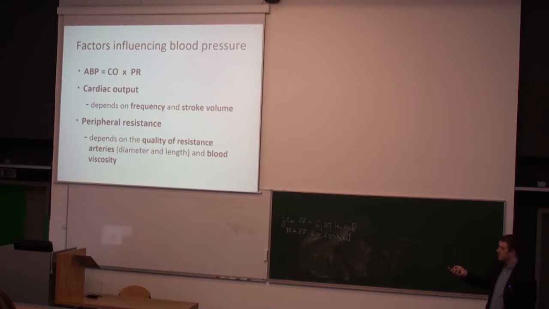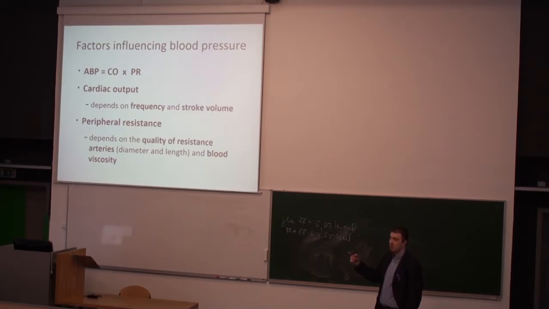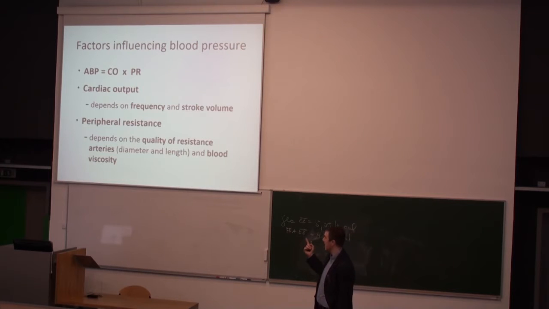If we look at these two characteristics, then we can say that each of them is dependent on two sub-characteristics. So you know how to calculate cardiac output. Cardiac output is the multiplication of frequency and stroke volume.